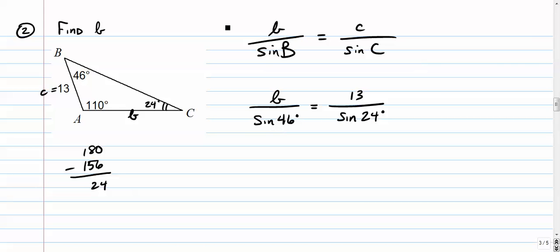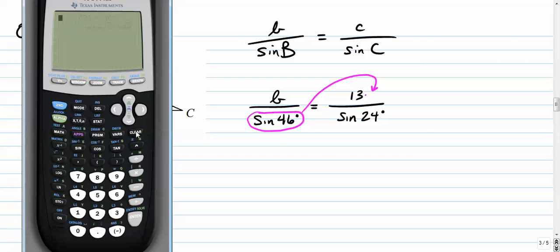So now we have, again, a situation where we're just going to bring this up into the numerator and multiply it by 13. So we can do that in our calculators in one really easy step. We don't have to hit inverse sine here because we're not trying to find angles. So this is 13 times the sine of 46.